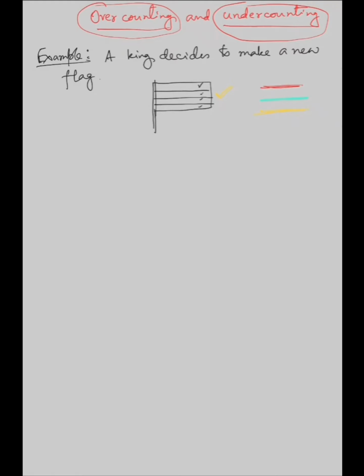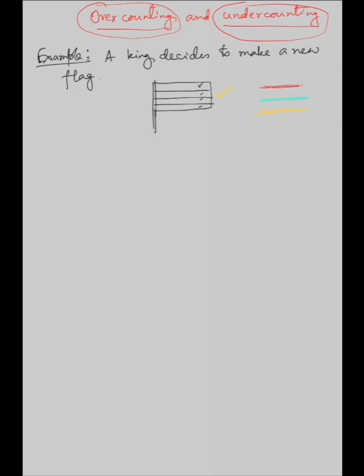That is the problem we have to solve now. Obviously one color would repeat, any one of them. So how many designs would be there? We have to find that out first.